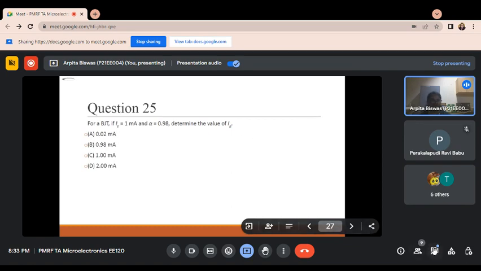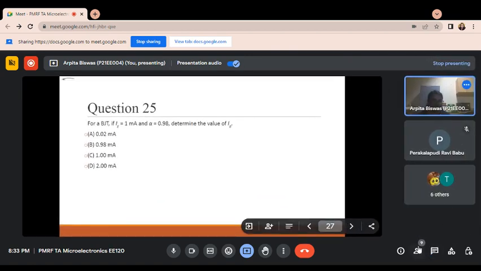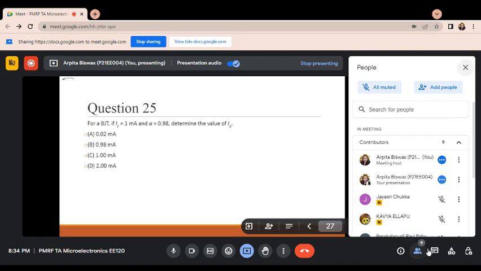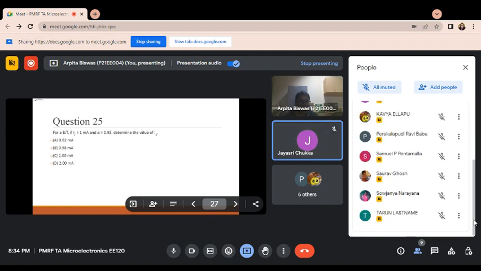If anyone has any doubt about solving this numerical, please tell. I want the answer from all of you. Jayasri, have you solved the question? What is the answer? 0.02 milliamps. Okay. Kavya, what's the right answer?